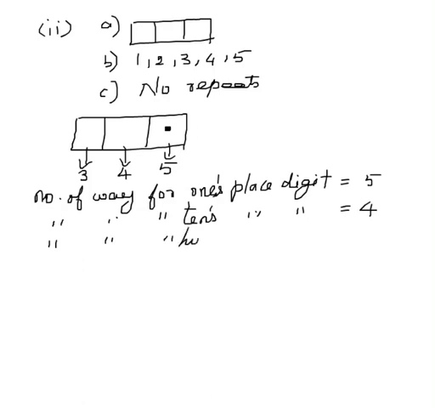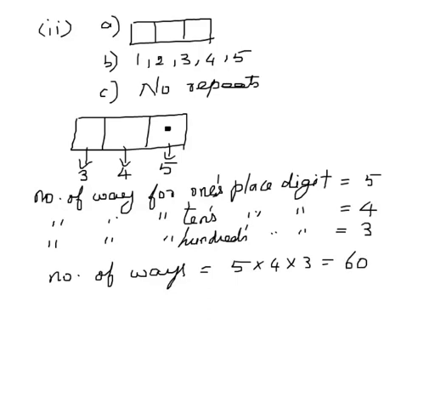So number of ways for hundreds place digit is 3. Therefore, total number of ways is equal to 5 into 4 into 3, 60.